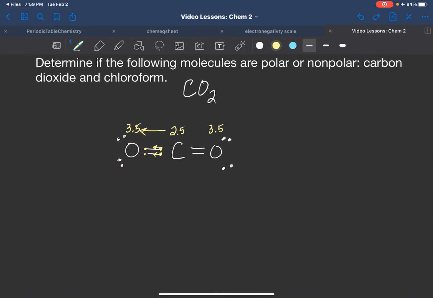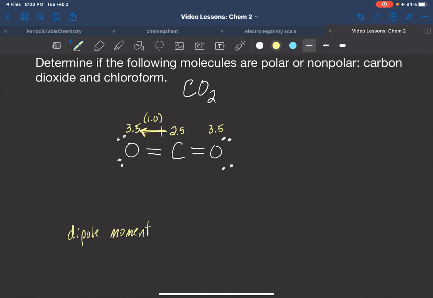All right. So what we do is we say that this side of it here is more positive, which means less negative. And the difference is 1.0. I'm going to put that in parentheses just so we can differentiate. And what I just drew is what we call a dipole moment, right?